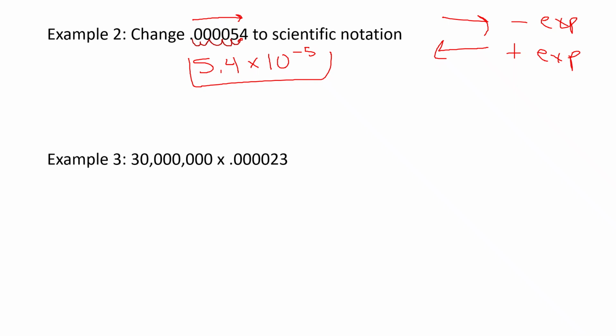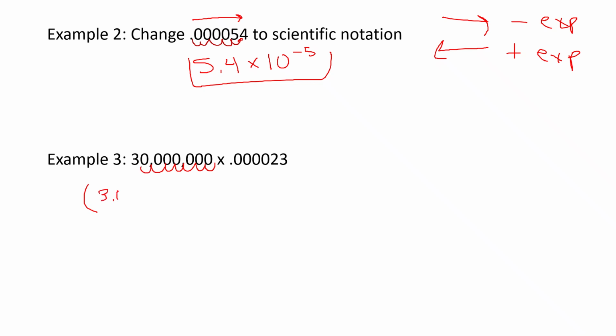Now let's actually do a problem. So we're going to multiply 30 million times 0.00023. Typing this in your calculator, it's not going to compute it. At some point, some of these might become so large it will just say error because it can't compute it. So the first thing we're going to do is convert both of these into scientific notation. For that one, I'm going to move this 1, 2, 3, 4, 5, 6, 7.